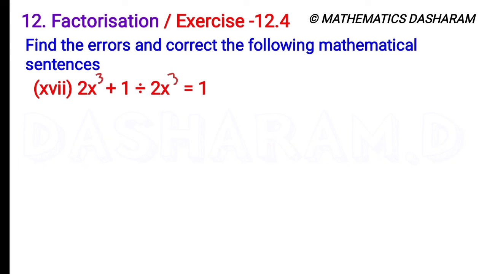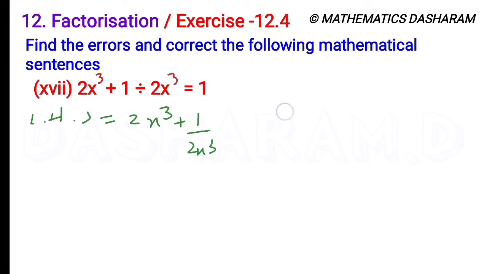17th problem: 2x cube plus 1 divided by 2x cube. See here, 2x cube plus 1 divided by, so here the division is for only 1, not for 2x cube.